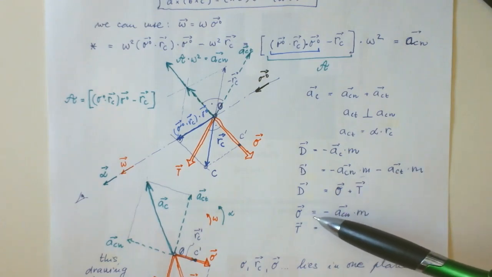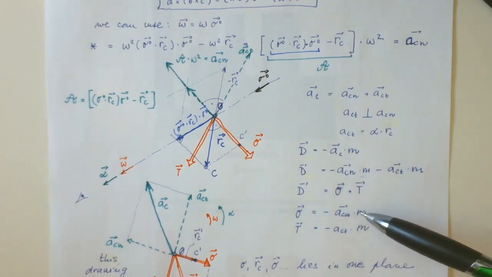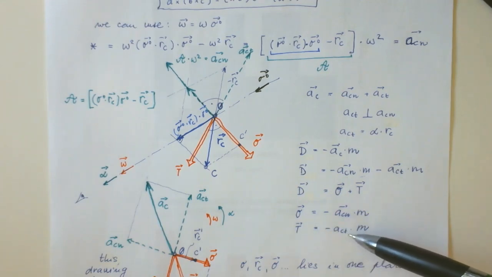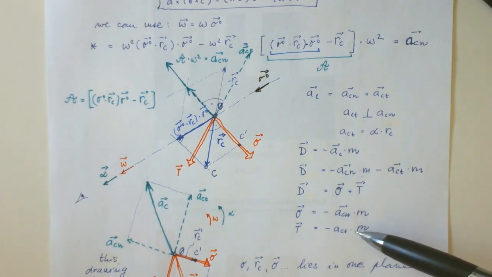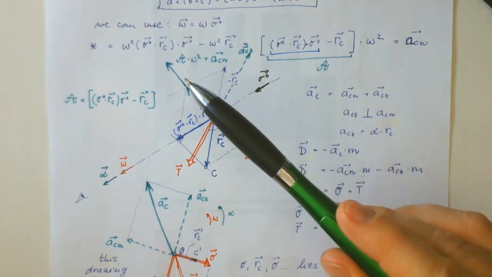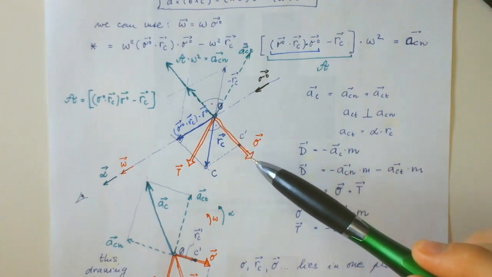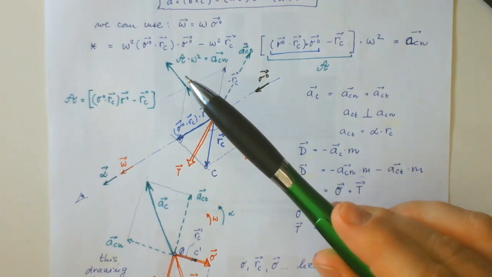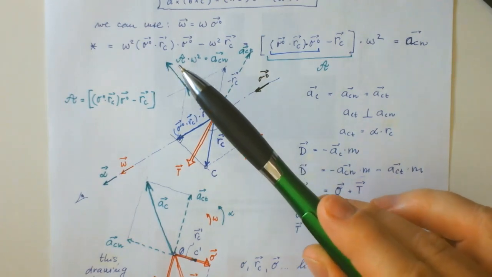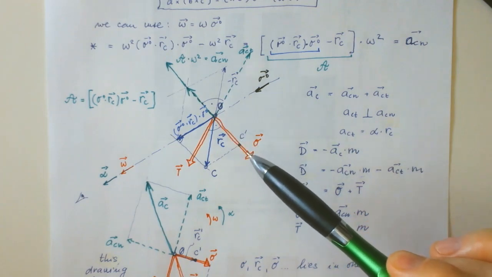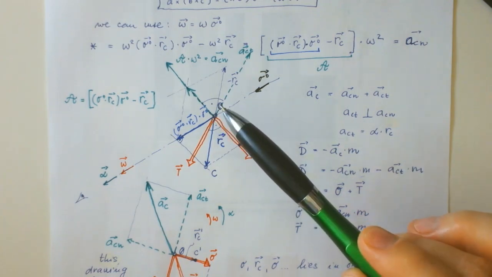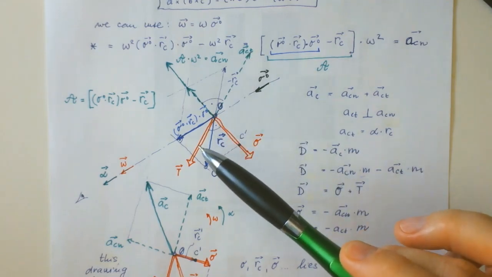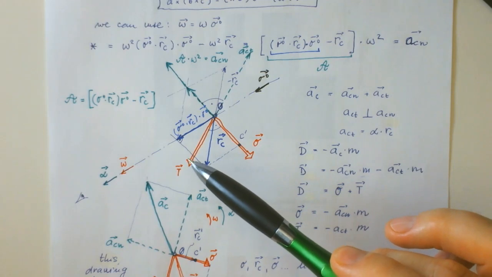So normal D'Alembert force is minus ACN by M, and tangent D'Alembert force is minus ACT by M. So I can draw it in the same direction but in opposite way, because there is minus in both cases. Okay, so in negative direction to this ACN, I draw normal force in red color, and in negative direction of this tangent acceleration, I draw tangent component of D'Alembert force.